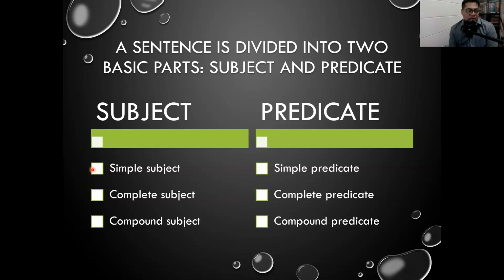So obviously when we have a subject, because the subject is a noun, we are talking about a noun phrase. So we'll say that even when we have a bigger subject, we can still find the simple subject by finding the head of the phrase.